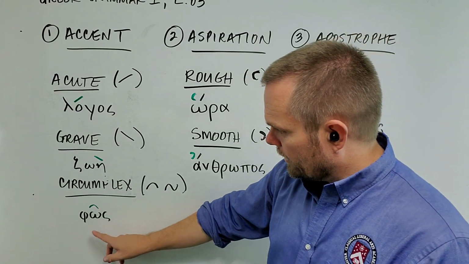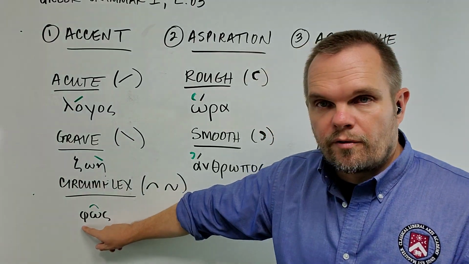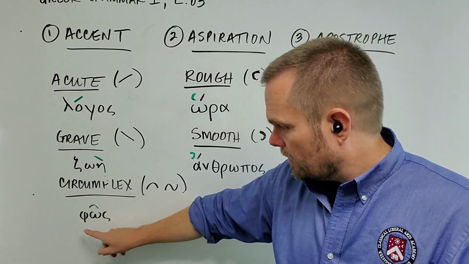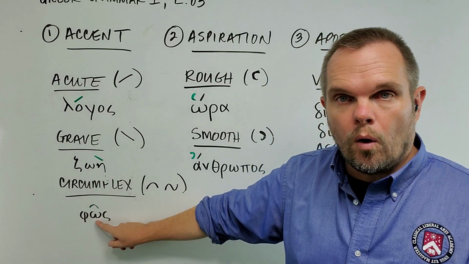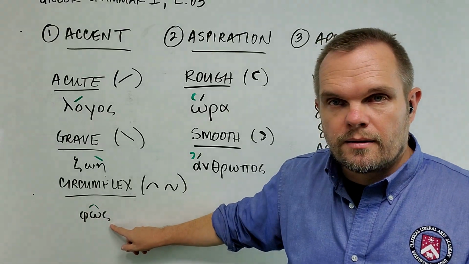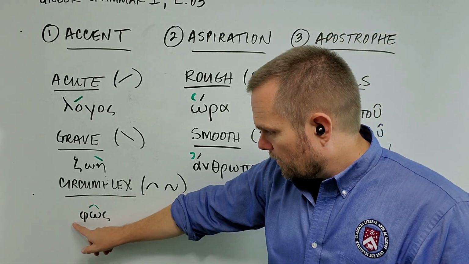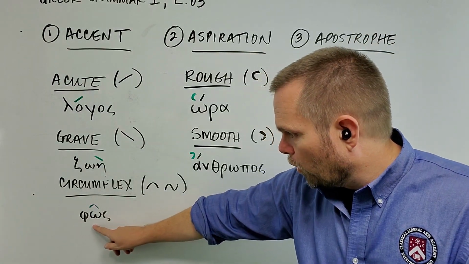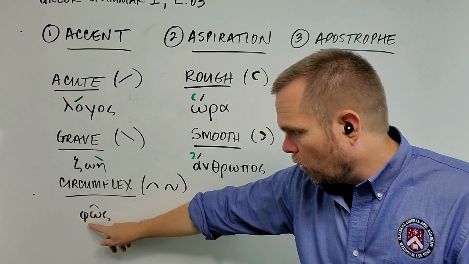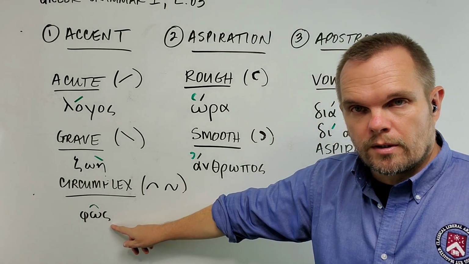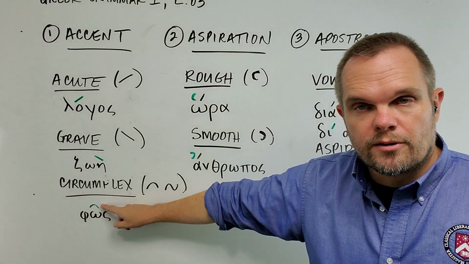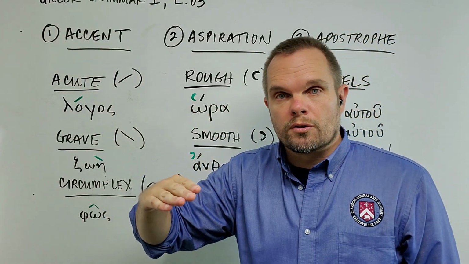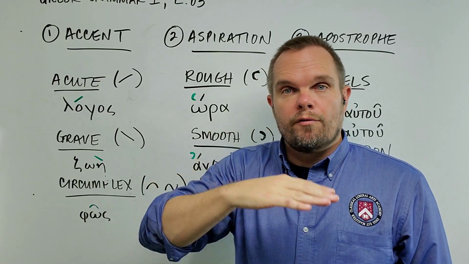So in this word, the first letter is phi, which we read with the sound f. Then we have omega, o, and sigma, s. If we put these together without any accent, we have phos. If we add the circumflex accent, we have phos.